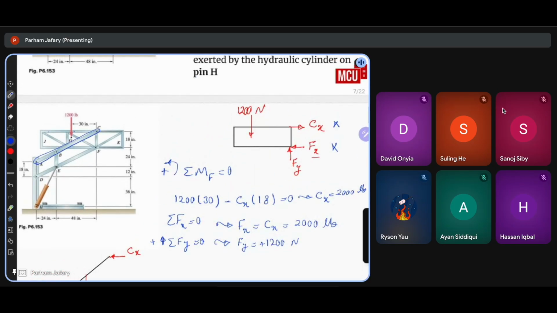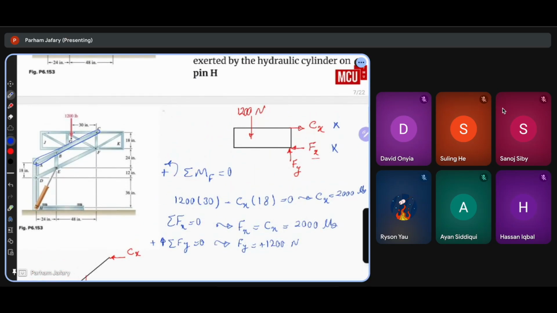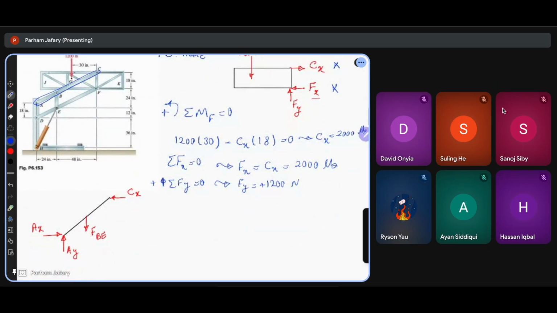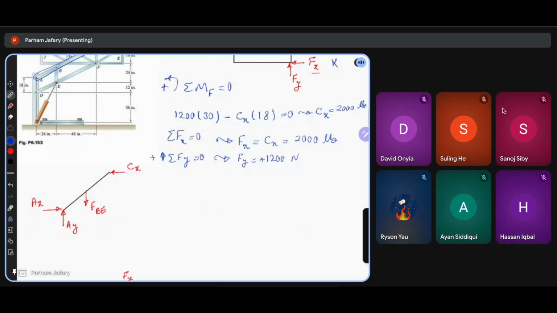So this was the free body diagram of the frame. This is the free body diagram of a member.